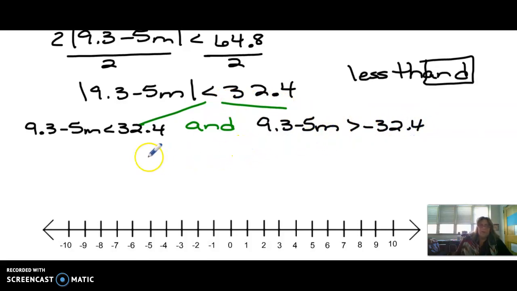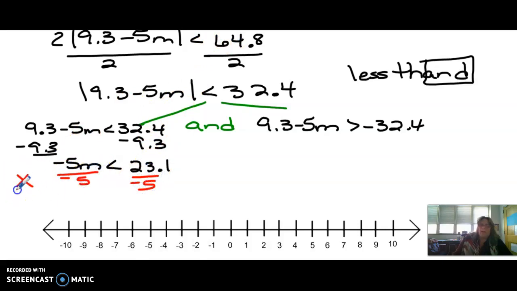All right, so I'm going to take my 32.4 and I'm going to subtract 9.3 from it. Negative 5m is less than 23.1. Now, again, here's the big problem we have to make sure that we remember. I'm dividing by a negative, so I have to flip that inequality sign around. So if I divide by a -5, I get m is greater than -4.62.